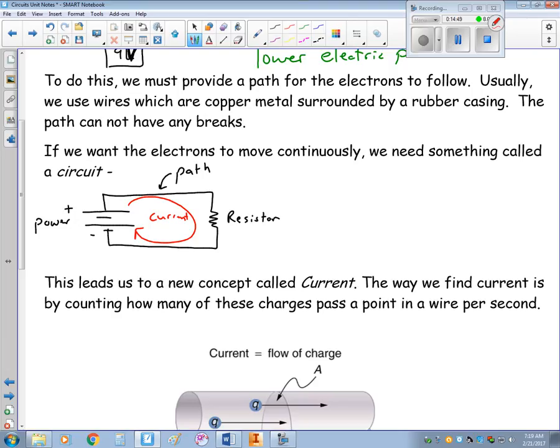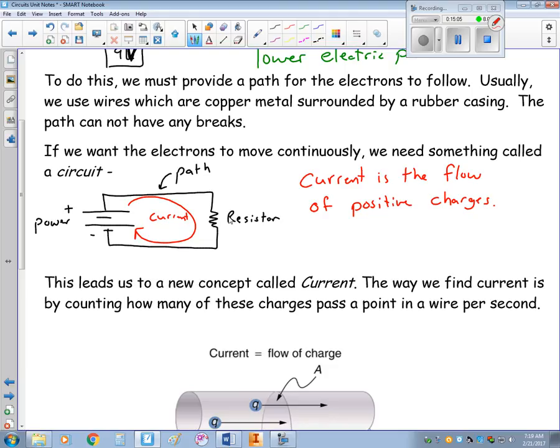We say that current is the flow of positive charges.